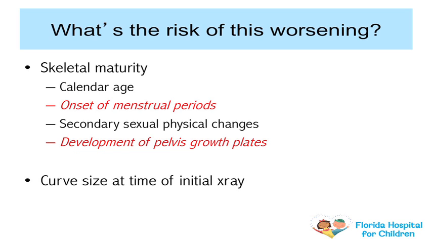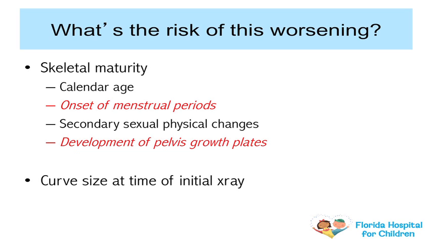For girls, it's easy to say when children are mature because you can ask them when their first menstrual period is. And that's a very easy thing to ask, especially since most cases of bad scoliosis occur in girls. So the onset of menstrual periods is what we usually ask children to see whether or not they are relatively skeletally mature.